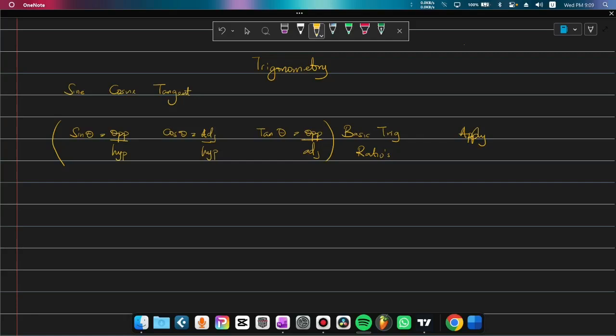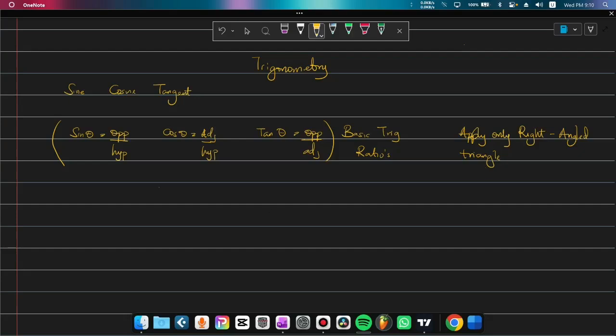But basically, this applies to only right angled triangles, so you have to keep it in mind. Just in case you don't know, a right angled triangle is a triangle with an angle of 90 degrees. Are we together? So that's a right angled triangle.